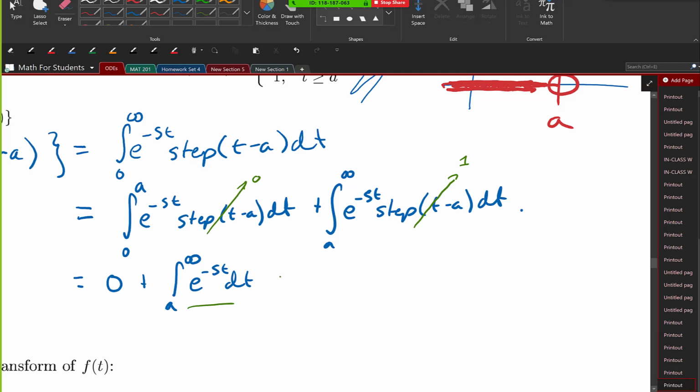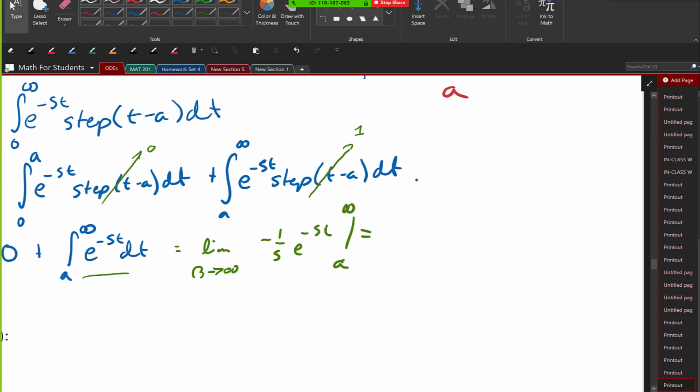So we finish evaluating this. We get the limit as beta approaches infinity of minus 1 over s e to the minus st evaluated from a to beta. And in this case, there's no competition, right? There's no L'Hopital's rule. Beta. Ooh, good catch. Well, because I asked about it earlier, and I was like, hey, you can't do that.